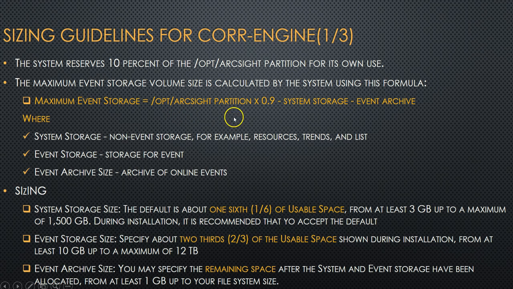Then it takes out 1/6 of this to be the system storage, and then 2/3 of this space as the event storage, and the remainder will be for the event archive. So you need to plan the maximum event storage you want before creating or configuring the hard disks for your own server.